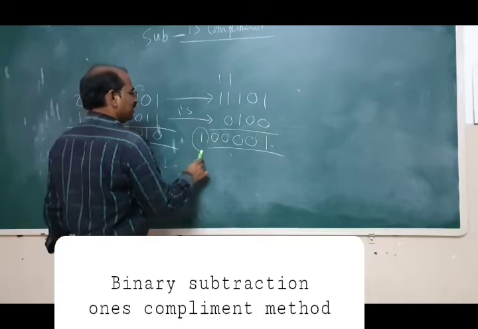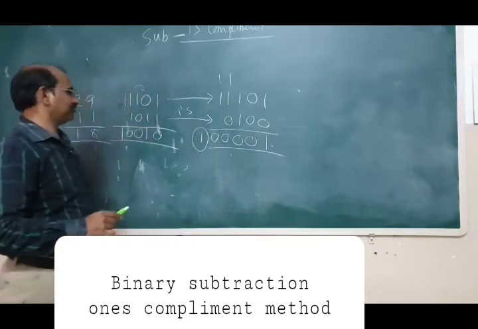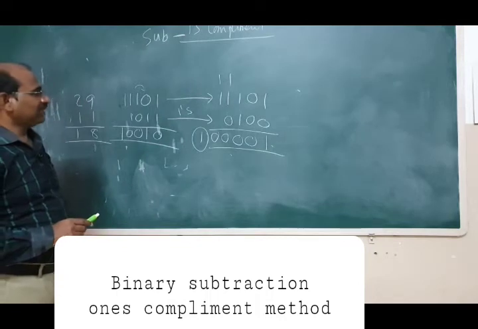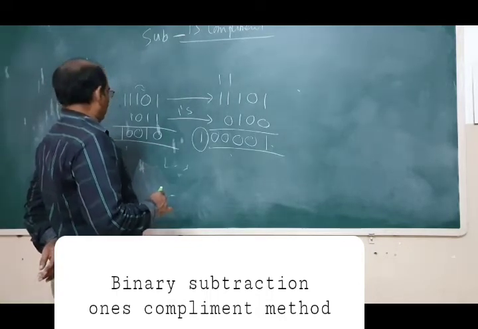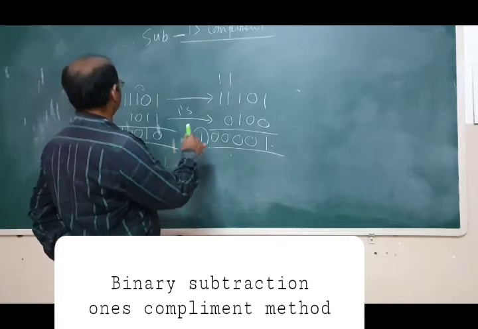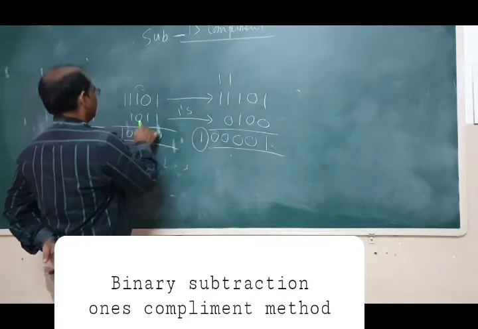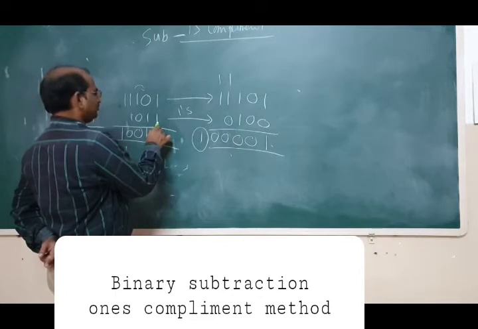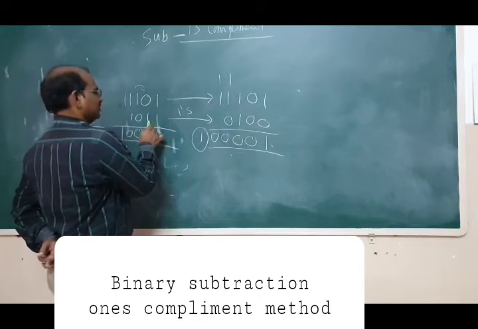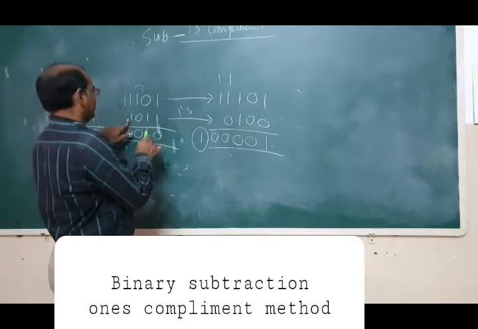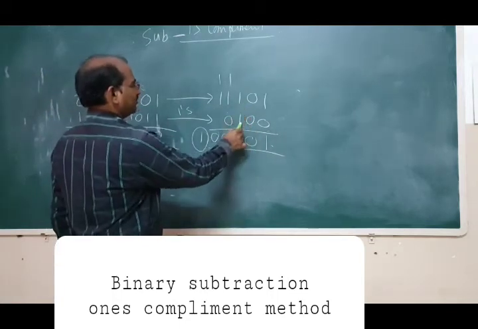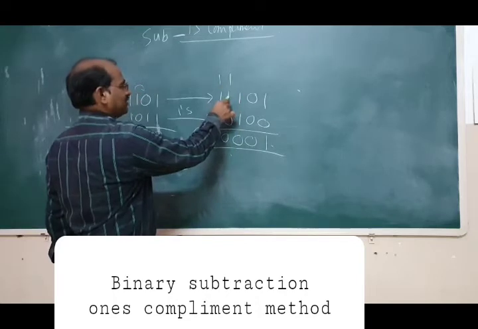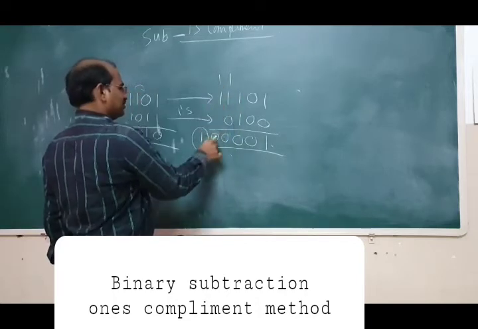So you got an end round correction again. 1 plus 1, sum 0. So we have 1 1 1 0 1 1 0 1 1, that is 0 0, this is 0, this is 1. 1 plus 1, sum 0, carry 1; 1 plus 1, sum 0, carry 1; 1 plus 1, sum 0, carry 1.